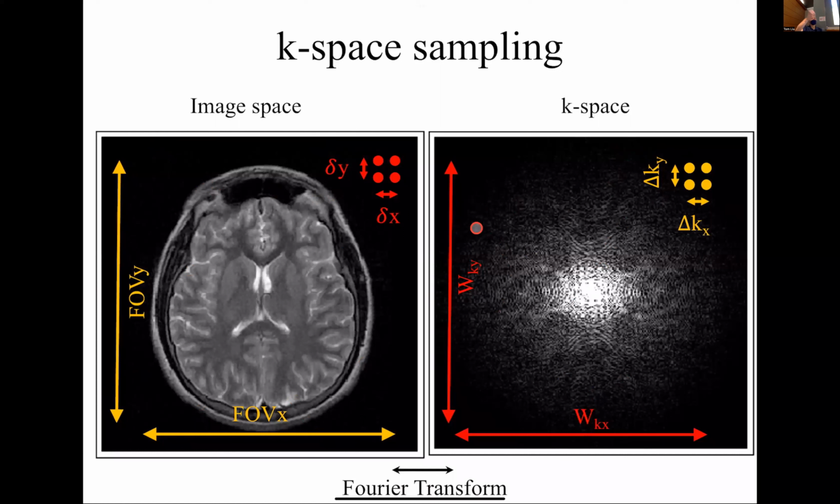Given some inputs, figure out what those things are. Okay, and then the next step is relate those to the gradients. And we'll go through some examples of that today, but that's your MATLAB code essentially is going to have like 2 steps in it. Okay, so you might have 1 or 2 lines figuring out the delta k's, the w's, and you have a couple more lines figuring out the gradient, amplitude, and duration. All right, that's the design problem.